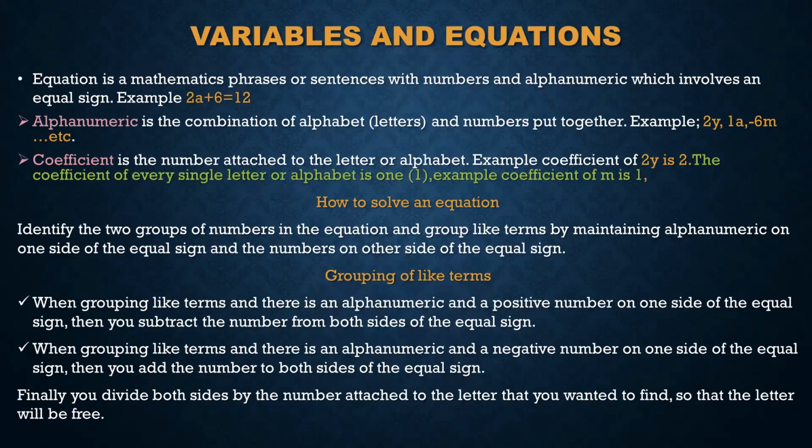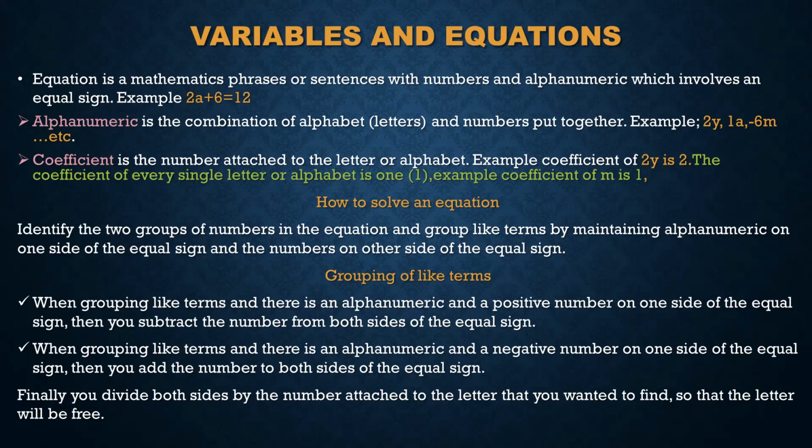An equation is a mathematical sentence or phrase with numbers and alphanumeric terms, which involves an equal sign. Example, 2a + 6 = 12. With this example, we have the alphanumeric and numbers, and again there's an equal sign within this sentence.